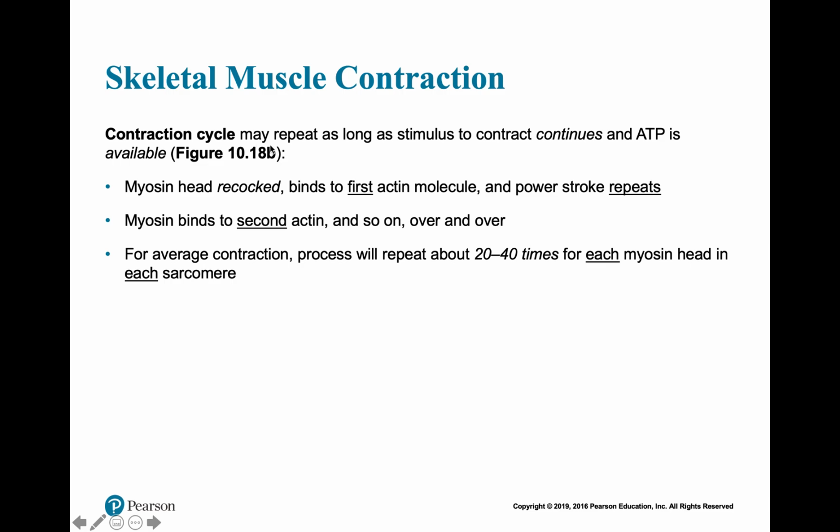All right, so the contraction cycle may repeat as long as the stimulus to contract continues. So as long as there's a stimulus, contraction will continue. As long as calcium is bound to troponin and there's ATP available, that crossbridge cycle, that contraction cycle will continue. All right?